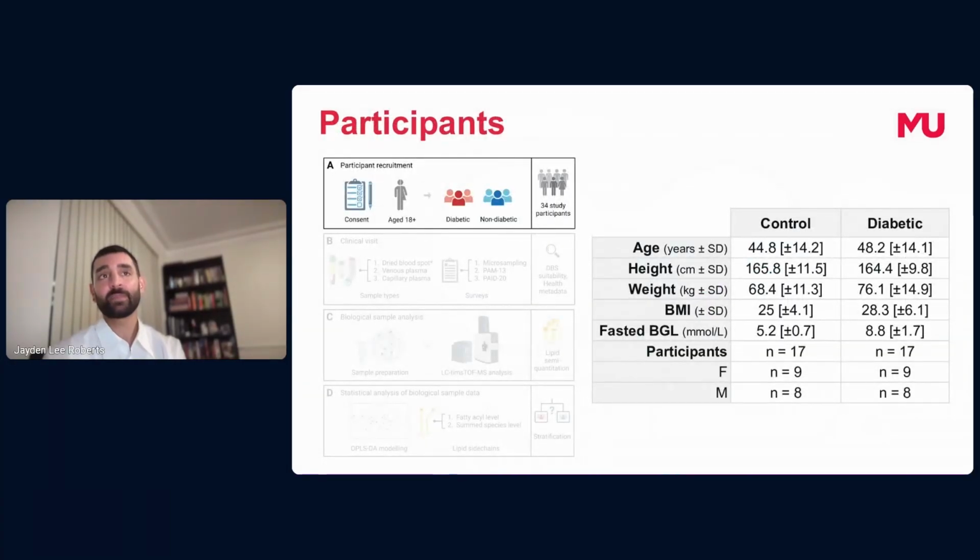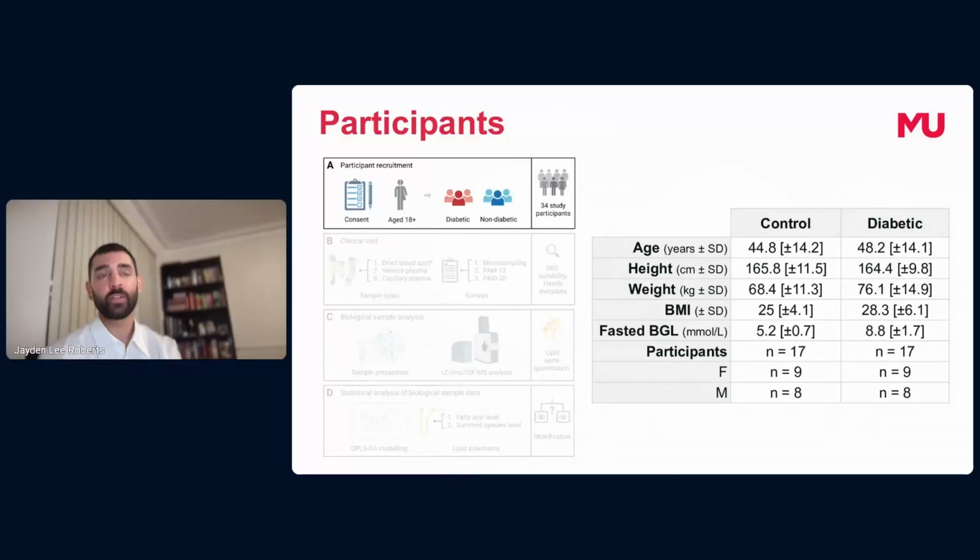So to investigate the feasibility of DBS for assessing lipid dysregulation in diabetes, we recruited 34 participants, 17 non-diabetics and 17 diabetics from the Perth metropolitan area here in Western Australia, with each group made up of 8 males and 9 females. Of note, in the diabetic group, 15 of 17 were diagnosed as type 2 diabetic, so it is a predominantly type 2 diabetic population.